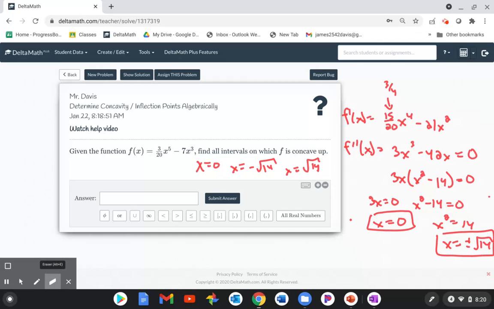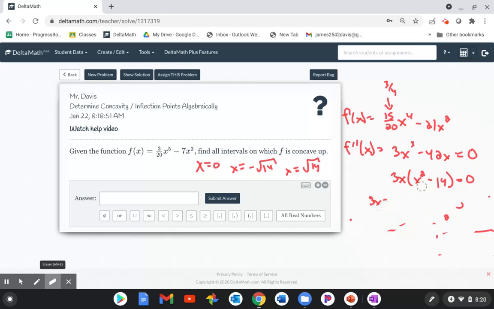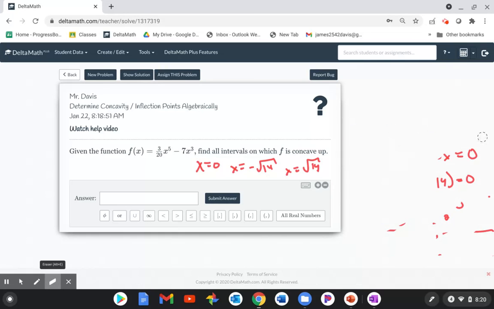So let's go ahead and make a little chart here. We're going to set this up in a similar way that we did with the intervals of increasing and decreasing. And then we'll tie that all together in the last set of problems. So we're going to start just by setting up intervals.